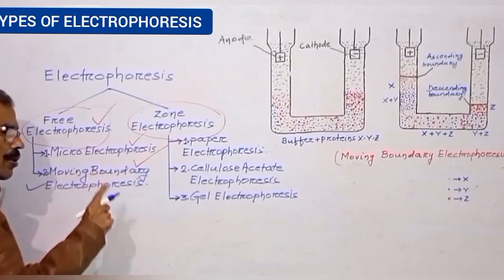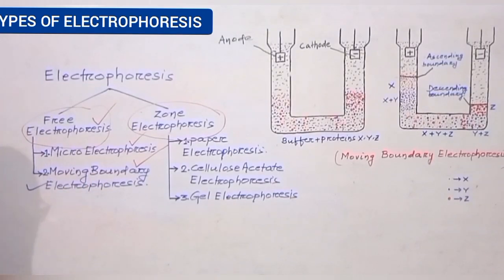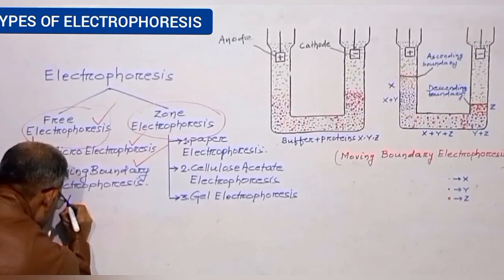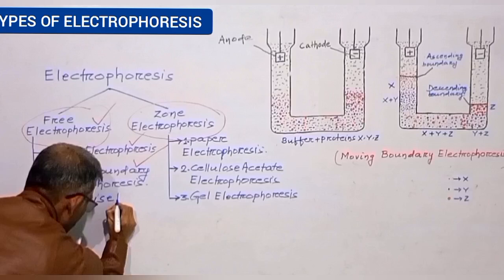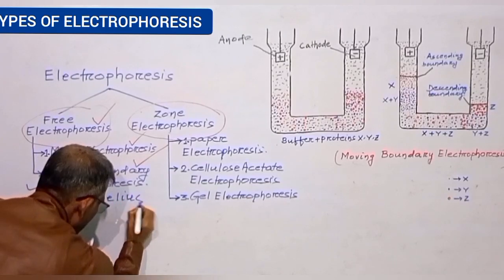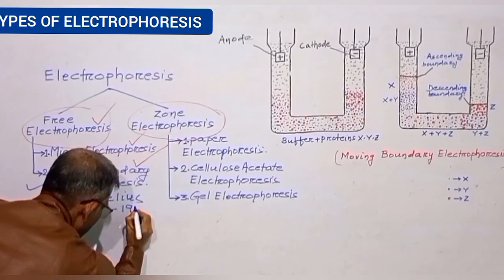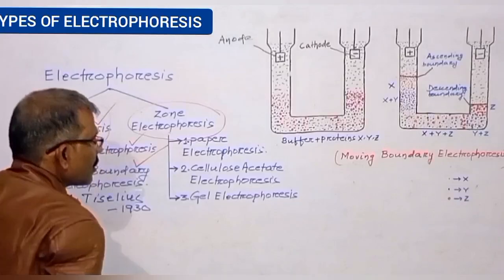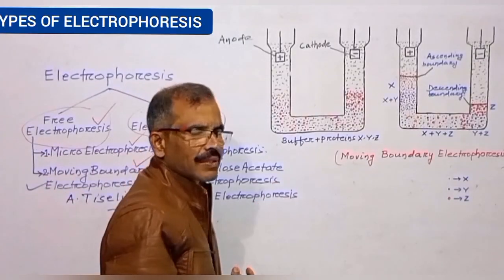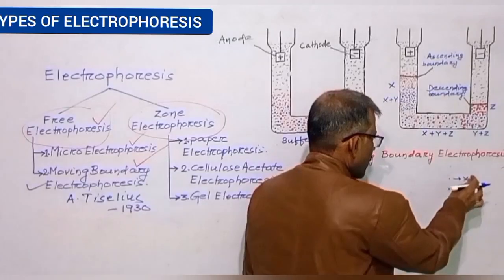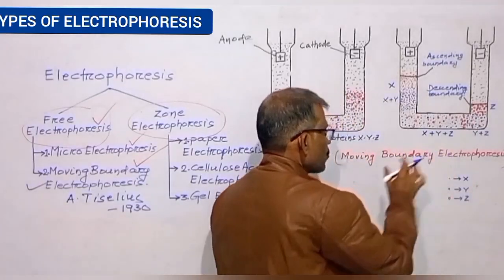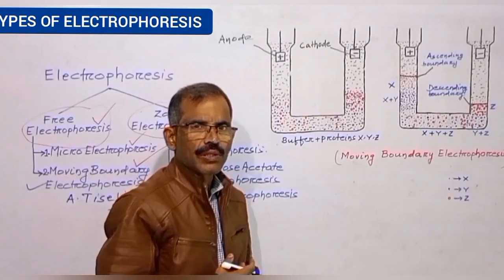It is the prototype of all modern methods of electrophoresis and was first developed by Tiselius of Sweden in the 1930s. This figure illustrates the separation of three different proteins X, Y and Z by moving boundary electrophoresis.